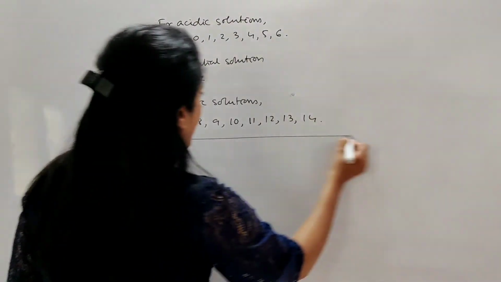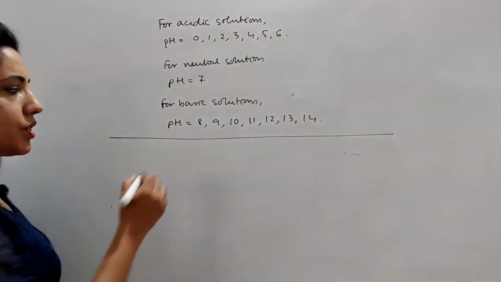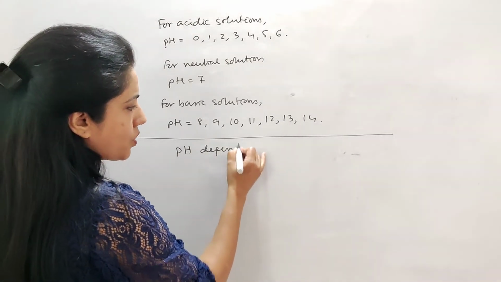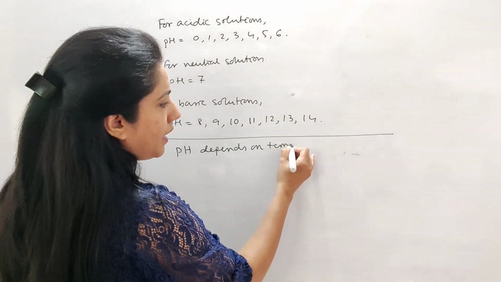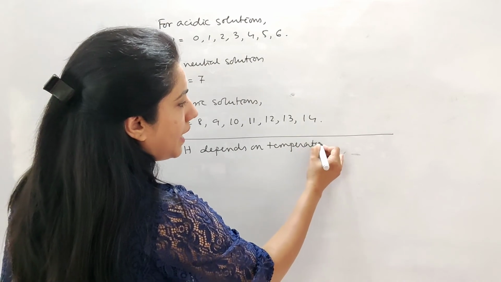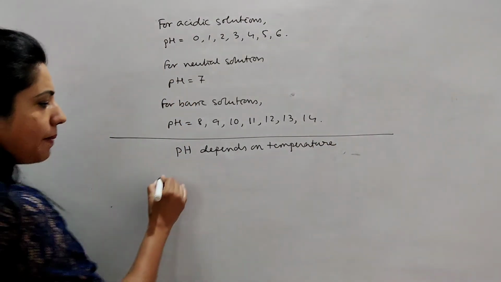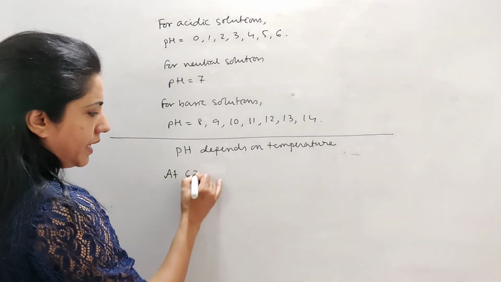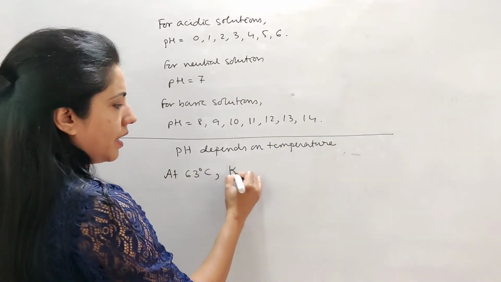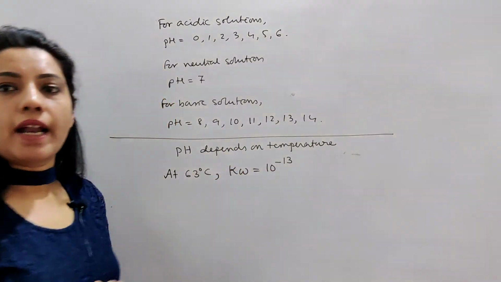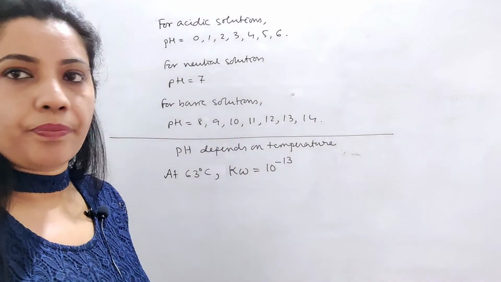Now, as I told you, pH depends on temperature. Why? Because Kw depends on temperature. Okay? Let us see one example. Say at 63 degrees Celsius, experimentally the value of Kw is found to be 10 raised to power minus 13.